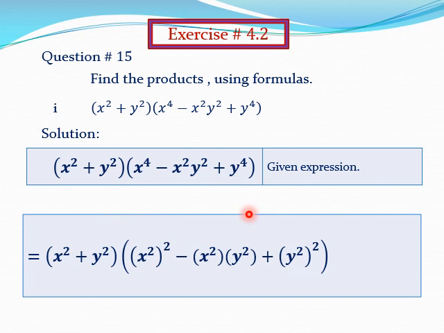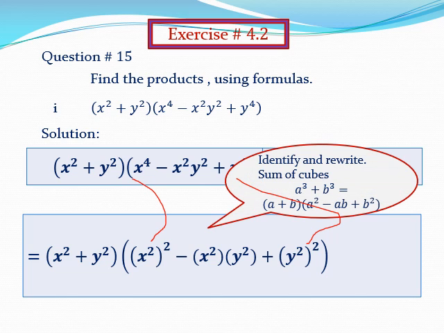We identify and rewrite it as x square plus y square as it is, and x4 can be written as square of x square, minus product of x square y square, plus y4, which is the square of y square.